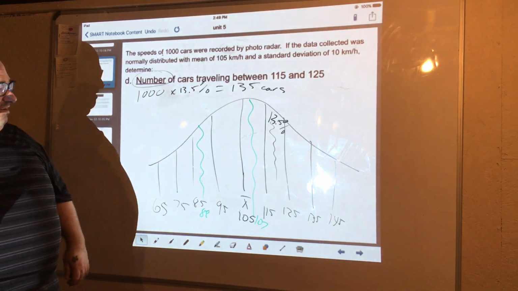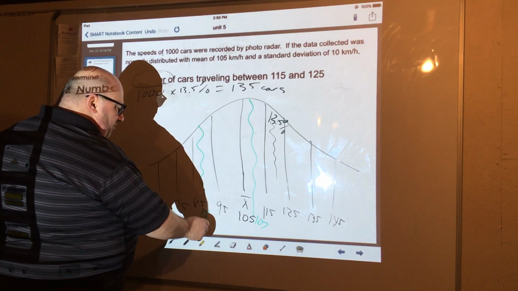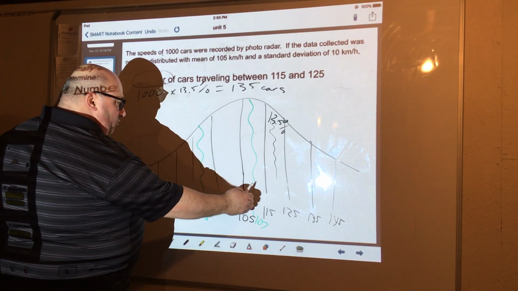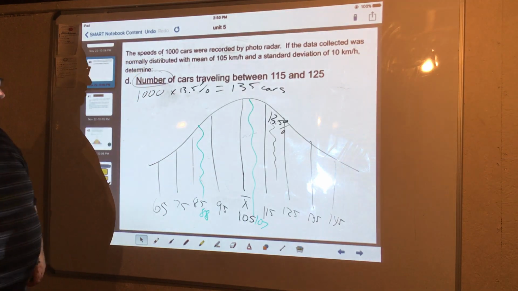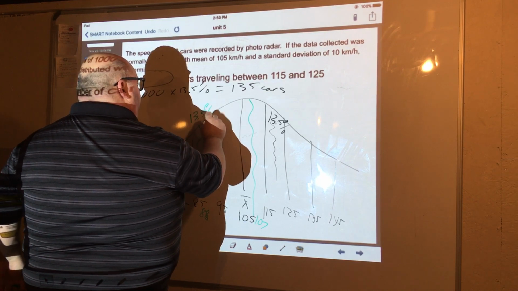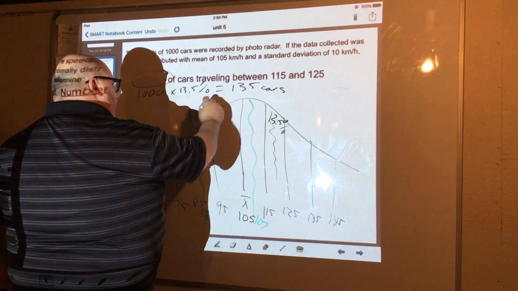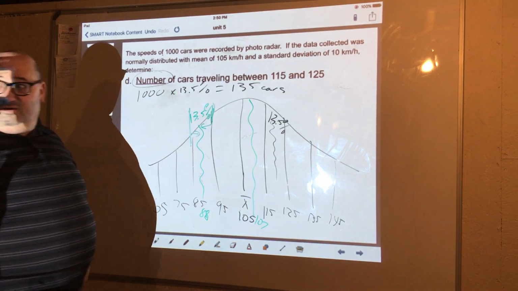But I don't know how much it is from 88 to 107, because I don't know this little part in here, right? All I know is that this is 13.5% from here to here, but I don't know how far it is from here to here, or even from there to there, as far as that goes.